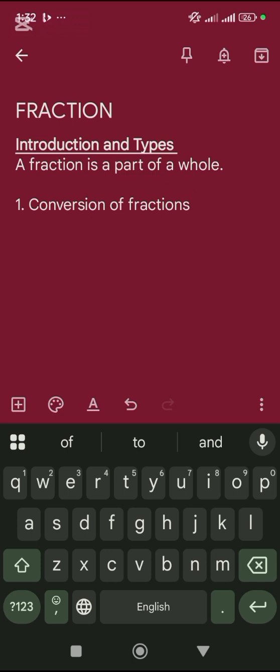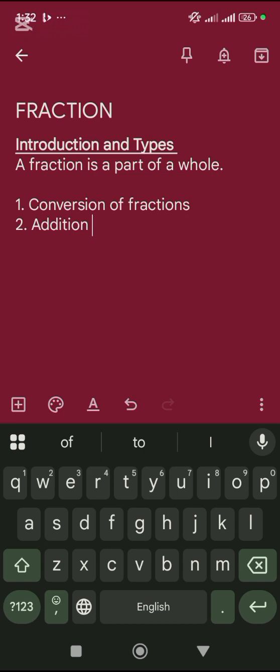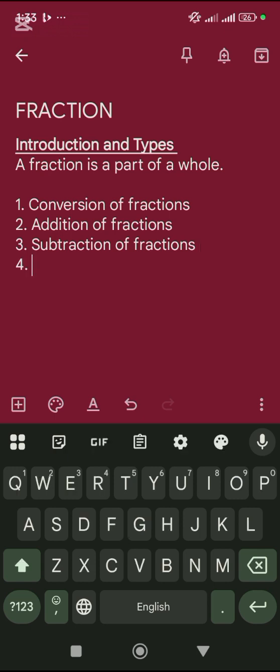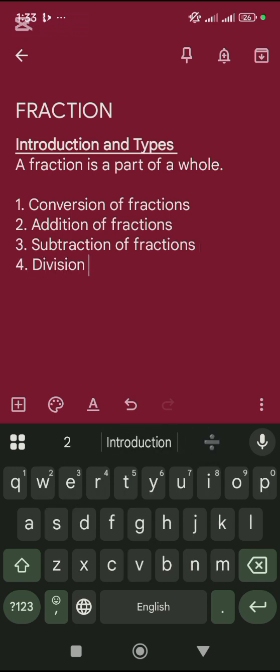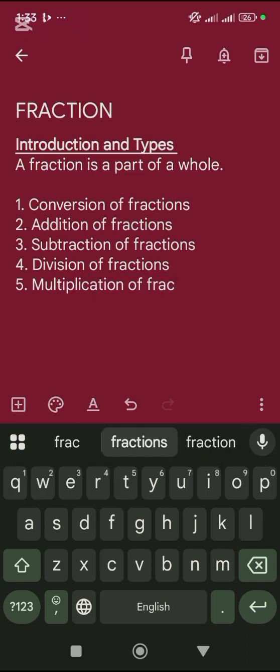So fractions can be converted, and we can have addition of fractions. We can have subtraction of fractions. We can have division of fractions. We can have multiplication of fractions. We can have simplification of fractions, and so on and so forth.